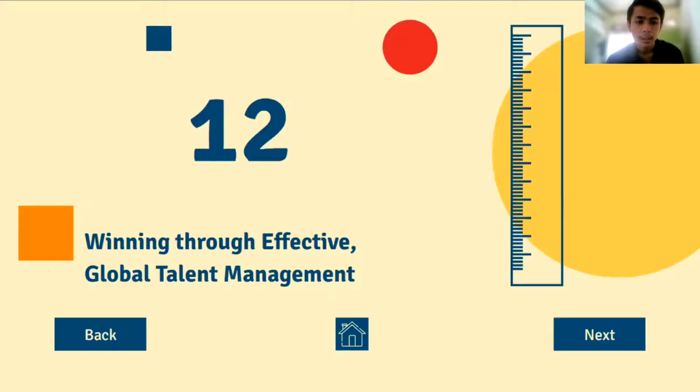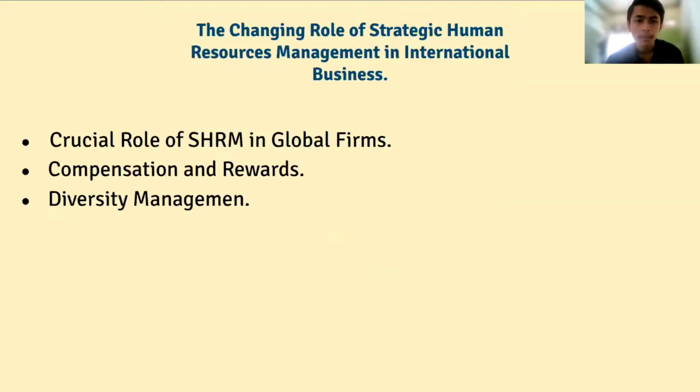Number 11. Winning through effective global talent management. The crucial role of strategic human resource management in international business. Number one, crucial roles of SHRM in the global firm. Compensation and reward. And last, diversity management.